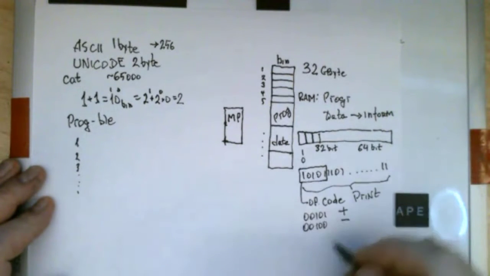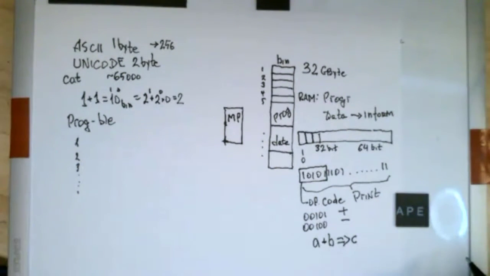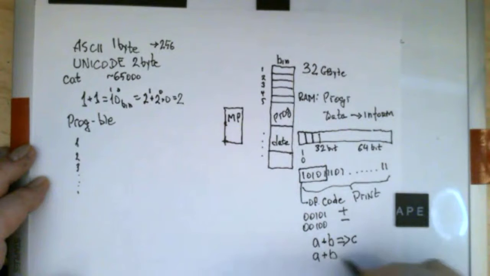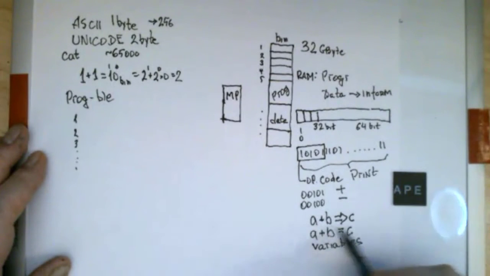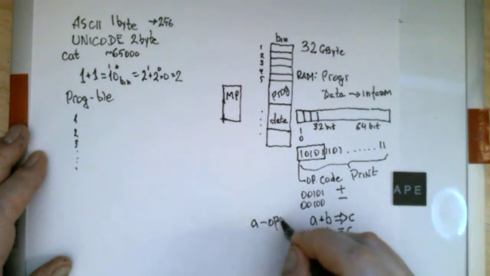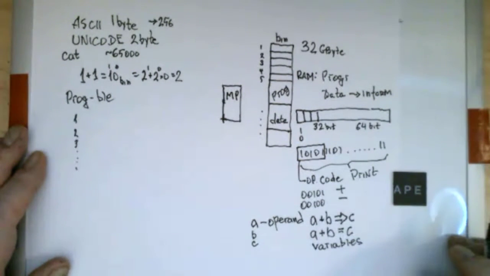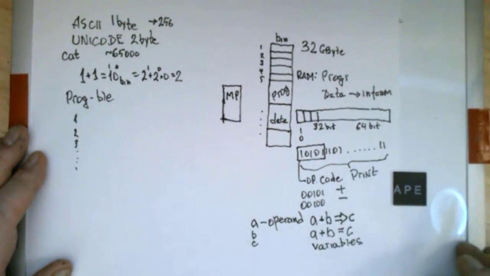If we have operations like A plus B and send it to C, instead of algebraic A plus B is equal C, we use the arrow here, because if in algebra A, B, and C are variables, in computer life it is A operand, B, and C. They all are operands because they participate.